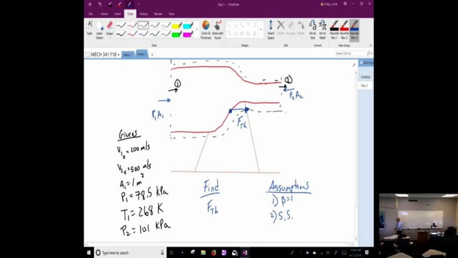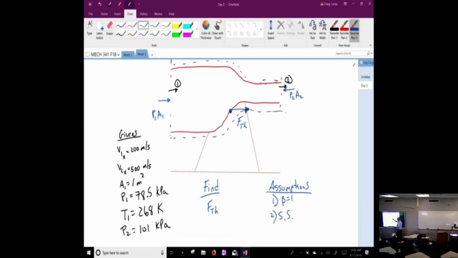And then the last one is, it's air. In thermodynamics, what can we assume? Is it incompressible? No, because we have two different pressures. It's compressible, so what equation can we use? Remember the equation?